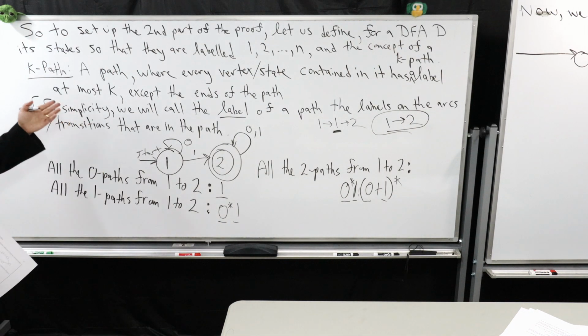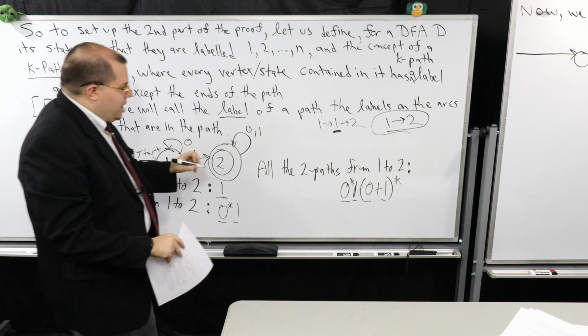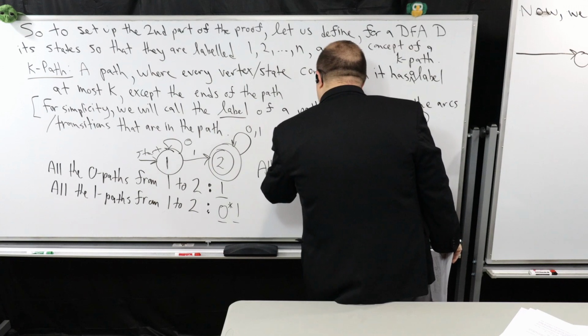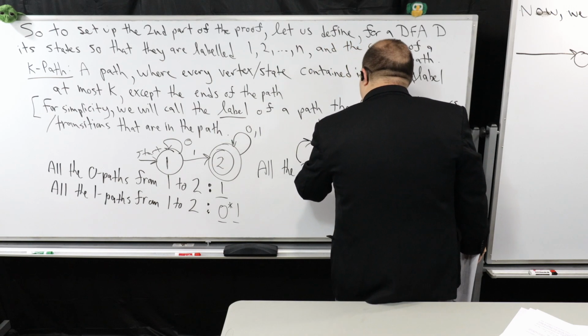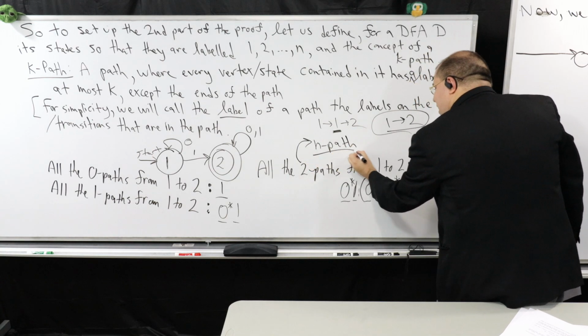Like I said, this k-path idea seems really alien, but when you think about it, what is a 2 path? This is an n path. So if n is equal to 2, you get an n path.